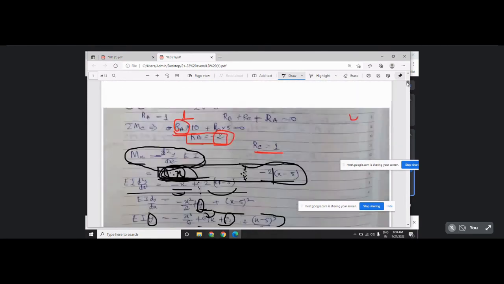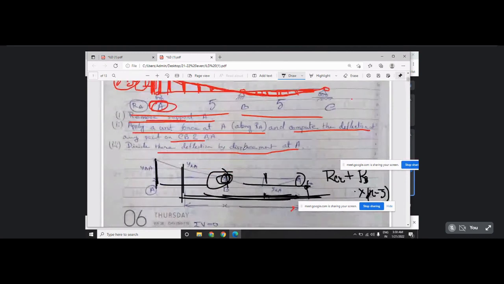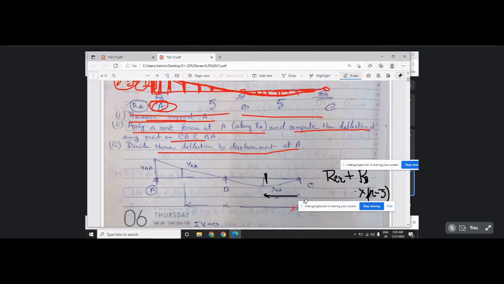You are giving an applied force here, and the deflection here is downward. So this is actually downward direction, so this is the negative. This portion, this portion, this portion will be negative, and this will be positive, and this will be 1 naturally.